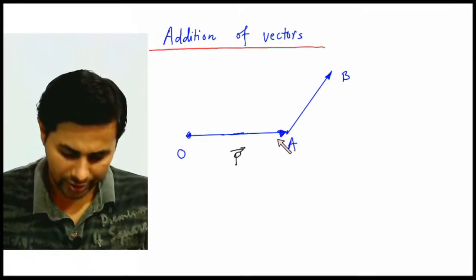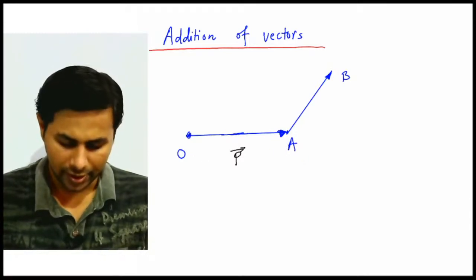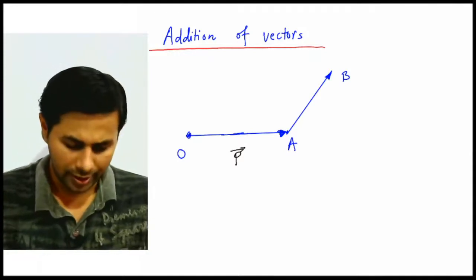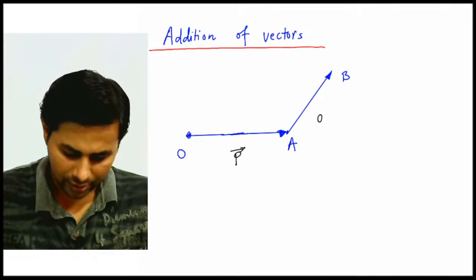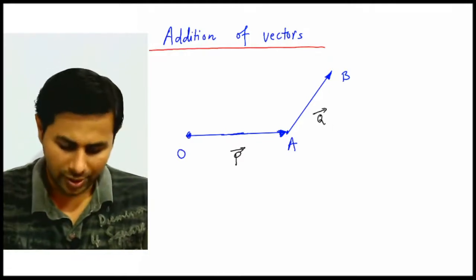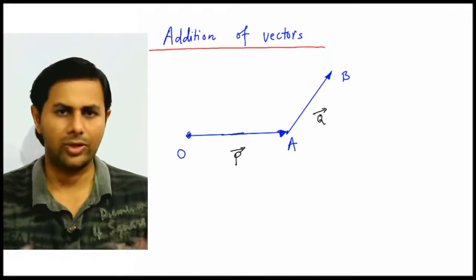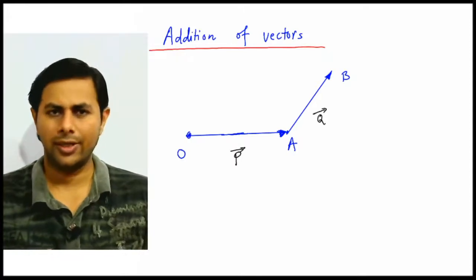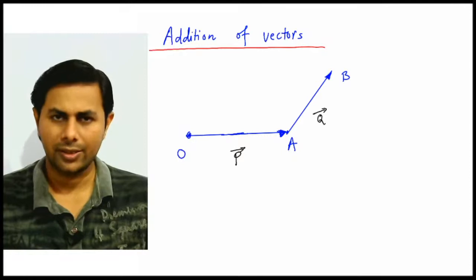Okay, so this is suppose displacement vector from O to A, and this one is displacement vector from A to B, and suppose this is Q bar. So what is total displacement of this object which goes from O to A following some path, then it goes from A to B and it follows yet another path? What is total displacement of this object?